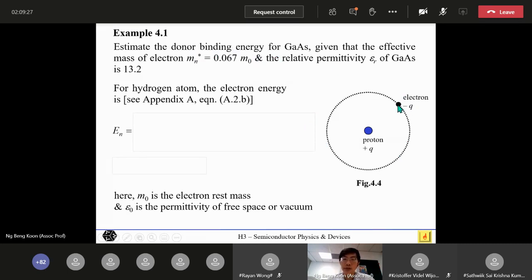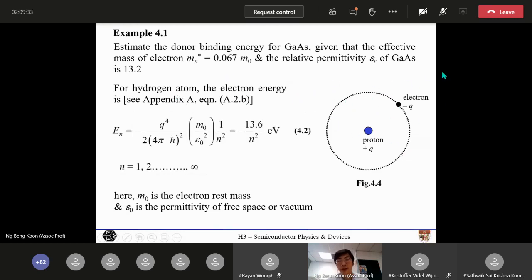We can estimate this by first considering the hydrogen atom, which has a similar configuration. In the case of the hydrogen atom, we have an electron and a nucleus that are bound. From our discussion in lecture 1, or lecture 2, I can't remember, we see that the energy of this electron around a nucleus is given by minus 13.6 over n squared if you substitute in the various quantities.